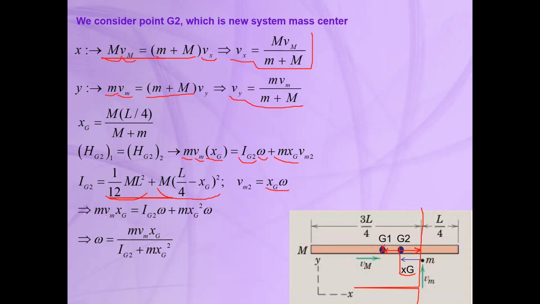So we can substitute into this equation. We have V_m, we have xg, which is calculated here, and we can substitute and simplify, and finally we find that omega, the angular velocity of the bar after the impact, is equal to this term, which is a function of I_G2, xg, and V_m.